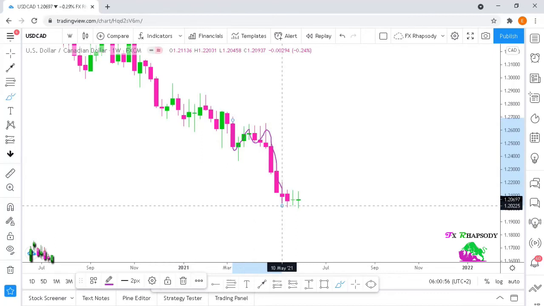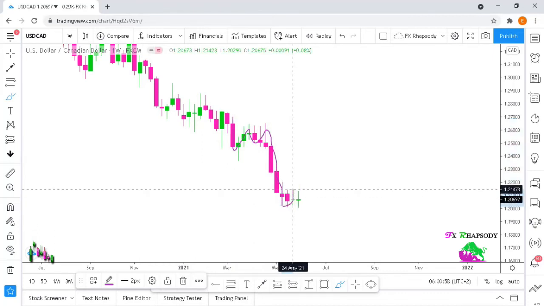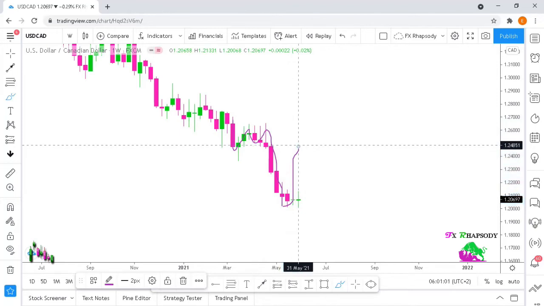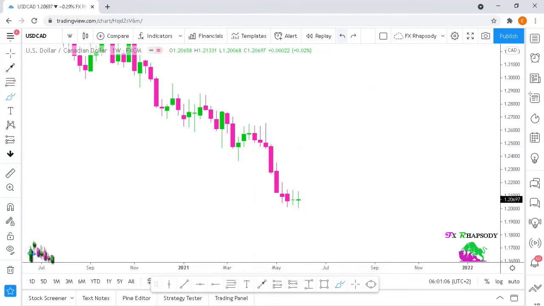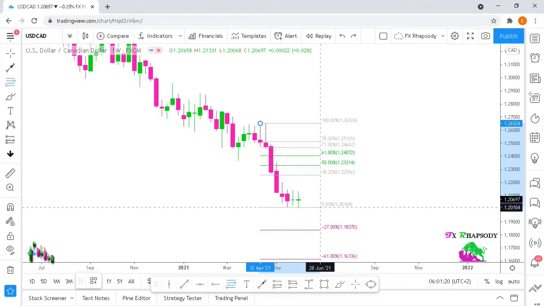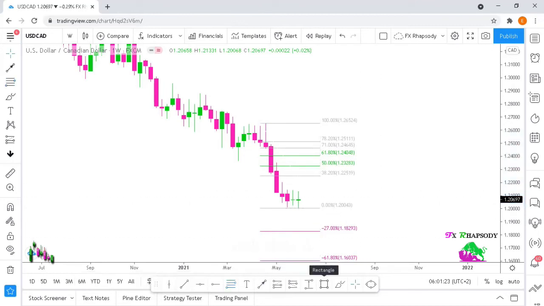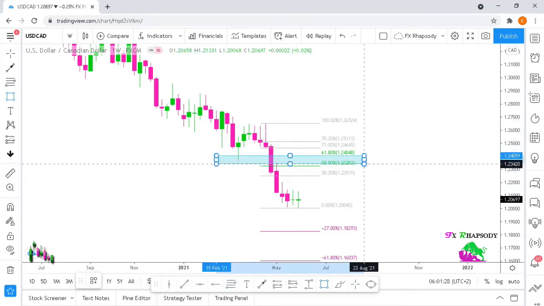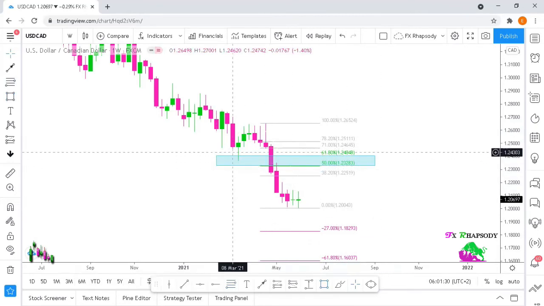And every time a formation like that forms, we are looking for a retracement at least to the neckline area, and we're hoping for that retracement back, because 90% of the time it happens. So if you draw your Fibonacci from the high to the low, seeing that price is breaking down or in a downwards movement, we can see that this key area here between the 61 and 50% falls nicely in this neckline area.